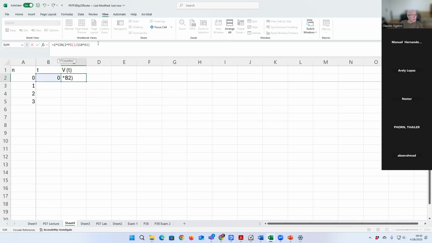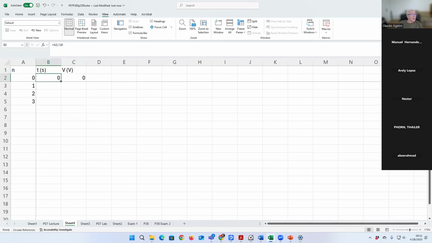If it works, we stick to that; if it doesn't, we do something else. Even better, I don't need to put it here, I can put it right here, divided by 10. T here is going to be in seconds, and V here is going to be in volts.